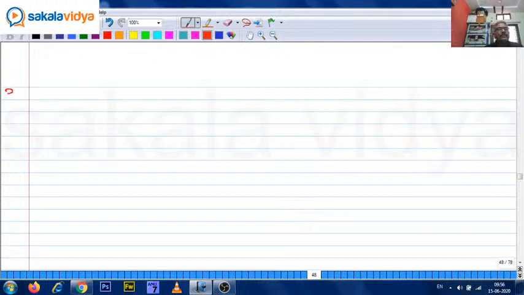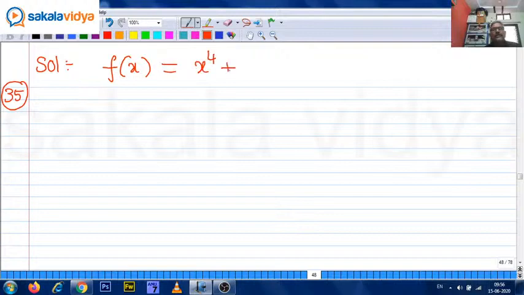35th solution. What is given? F of x equals x to the power of 4 plus 5x square plus 1. So now we need to find out f of 1 by x. That means in the place of x, 1 by x.